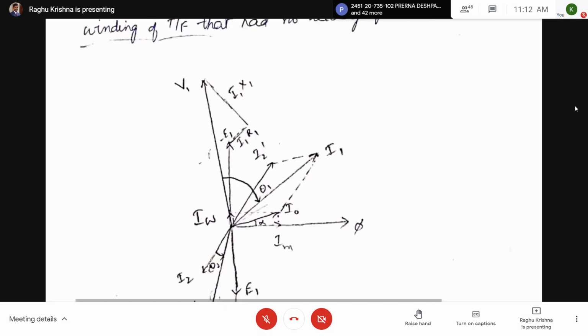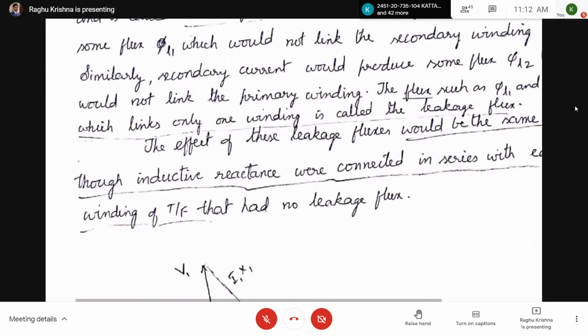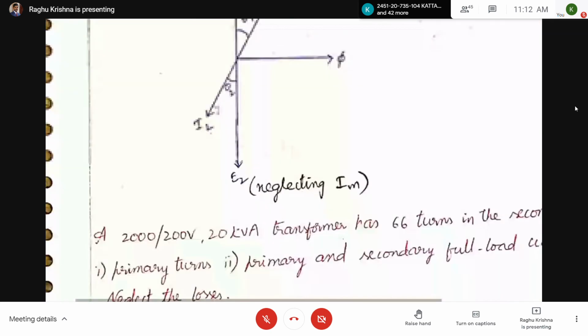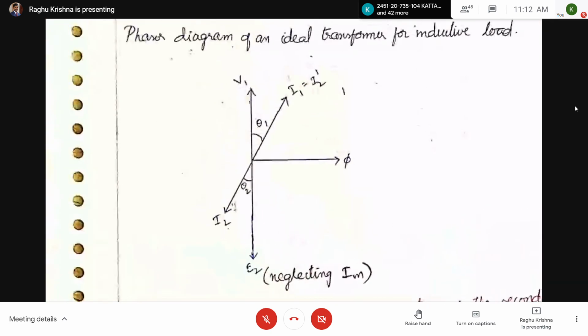Only this is enough. What is this? Phasor diagram of an ideal transformer for inductive load. Inductive load means current lags the voltage. Below you can see E2. I2 lags E2 by angle theta 2. Now coming to primary current, I1 is equal to I2 dash.